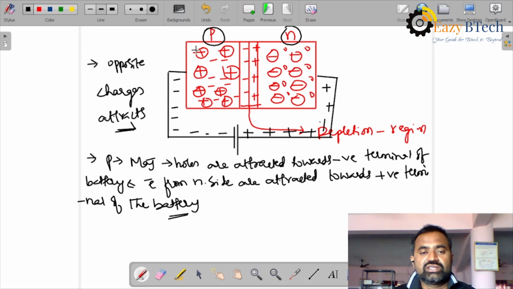Under these conditions, the majority charge carriers are attracted towards this, and these majority charge carriers are attracted towards this.